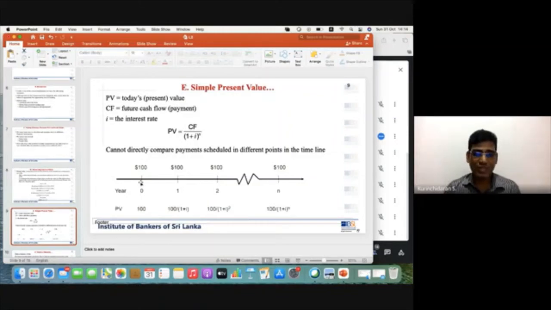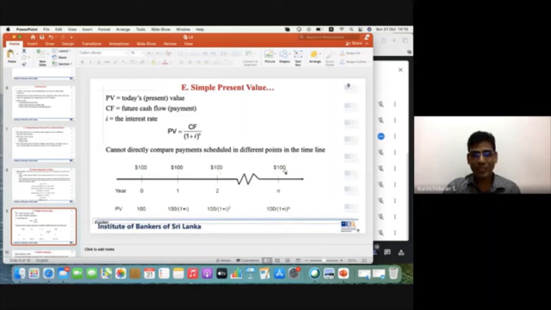Here, if somebody says, okay, every year you are going to get 100 rupees or $100, what is your present value? The $100 today is $100 in today's value. But every year thereafter, when you get $100, you have to discount, right? So these are future cash flows in the first year, second year, and nth year.